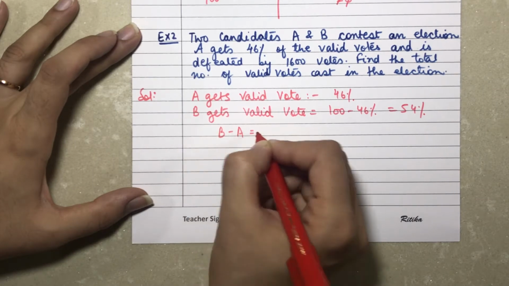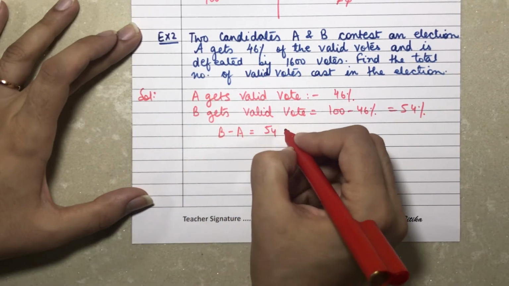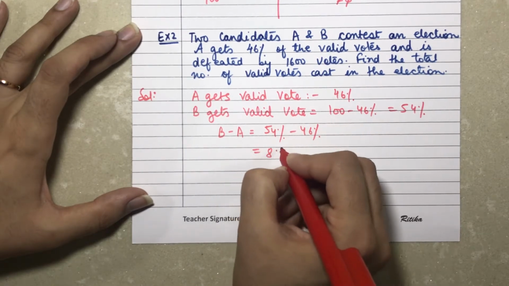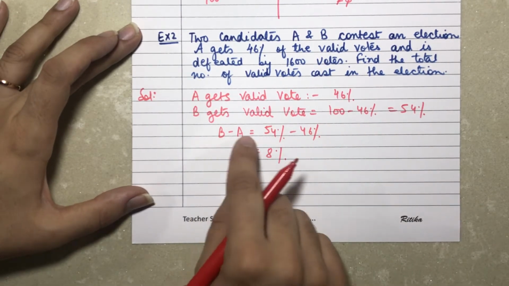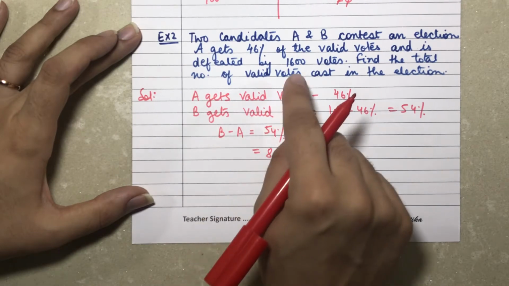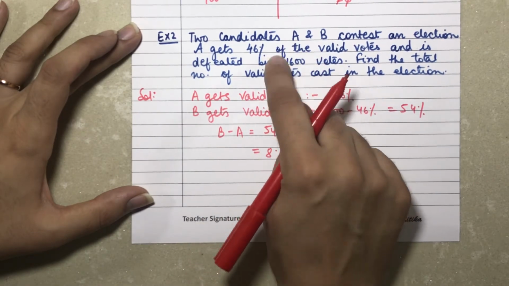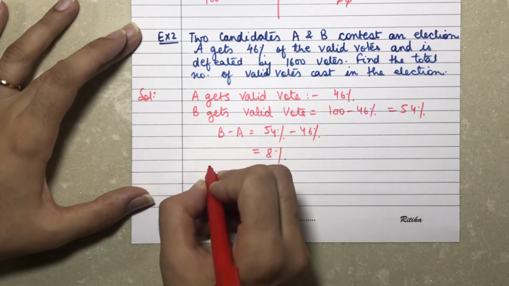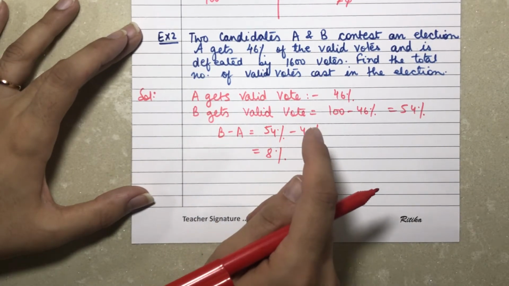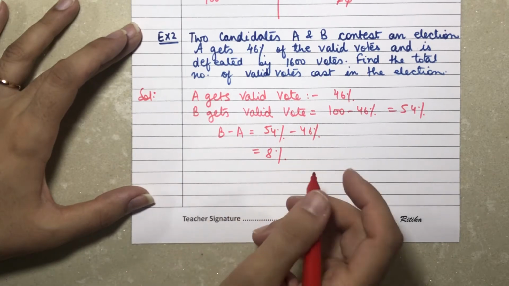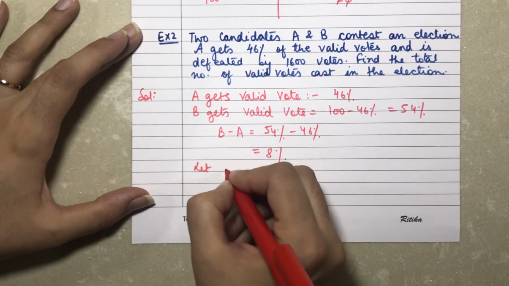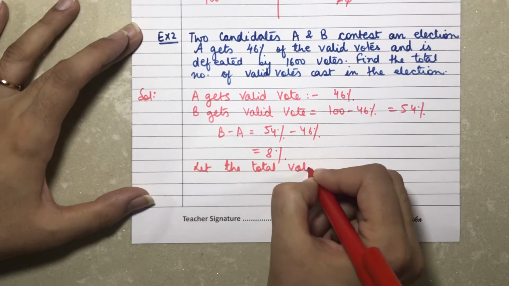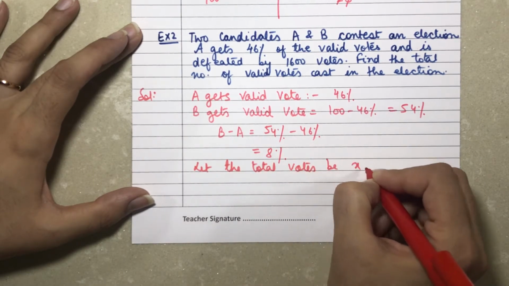So simply I can say B minus A is 54% minus 46%, which gives me 8%. And B minus A is 8%, and here it is 1600. That is, B minus A is given as 1600. But 1600 of what? So let the total votes be x.